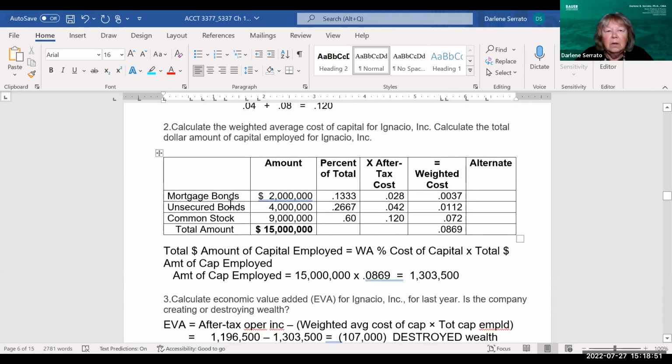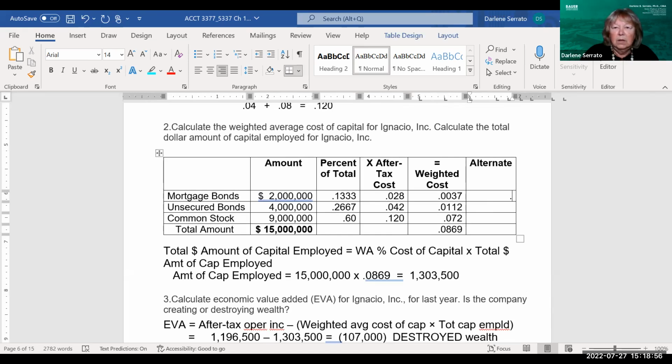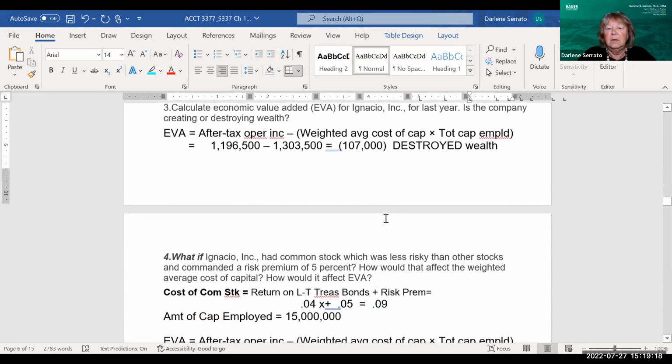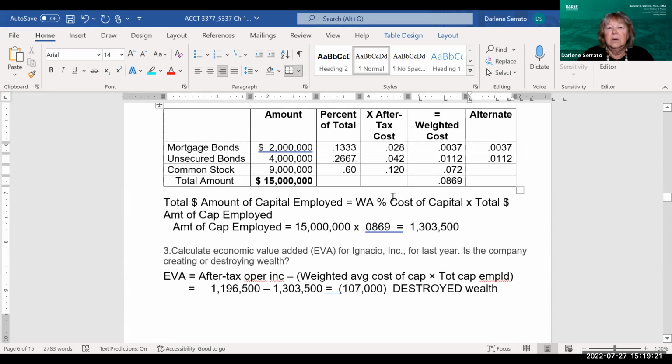So mortgage bonds will not change. That's going to stay 0.0037. Unsecured bond will not change. 0.0112. What changes here is this becomes 0.09. So it's 0.06 times 0.09.